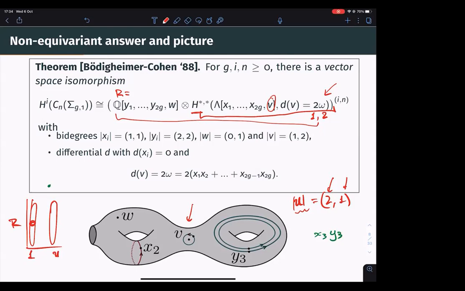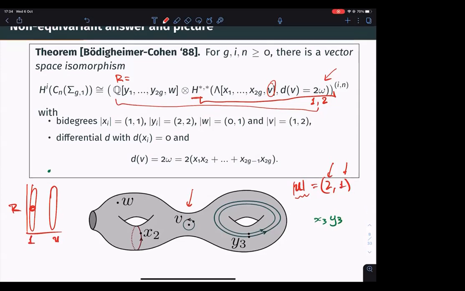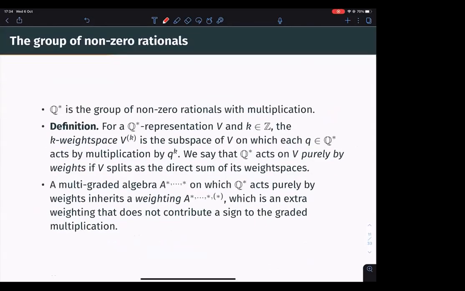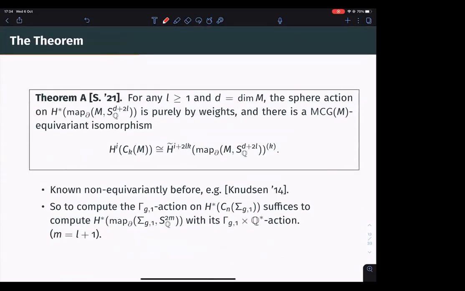Okay. Yes, the way I get it, I'm still using this theorem here in terms of mapping spaces. So I'm comparing the mapping space of sigma G to an even sphere.